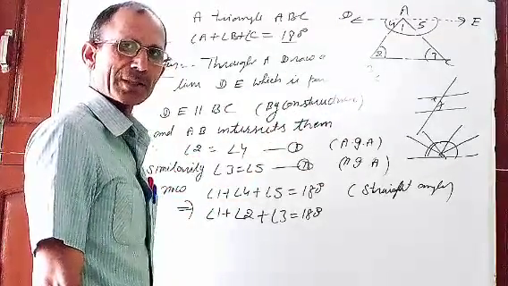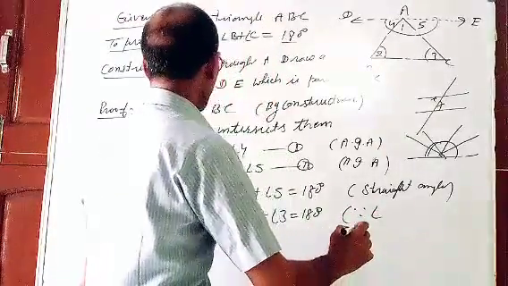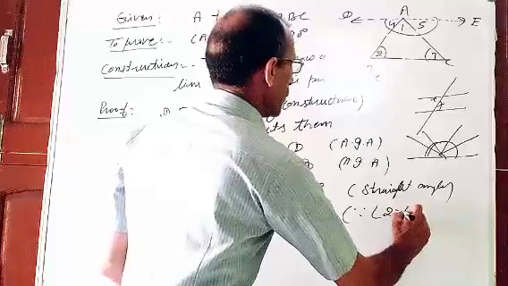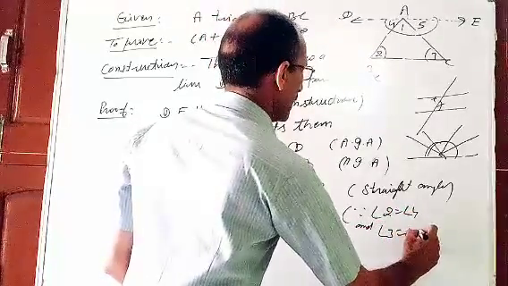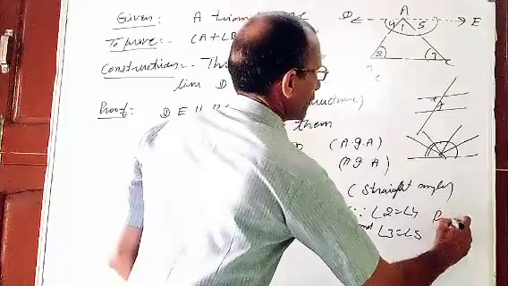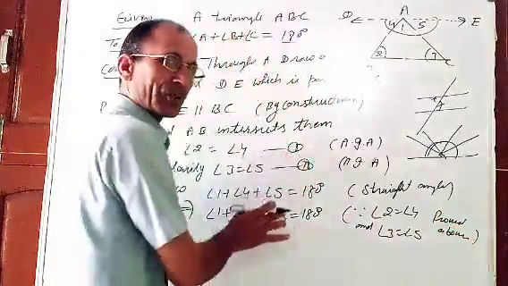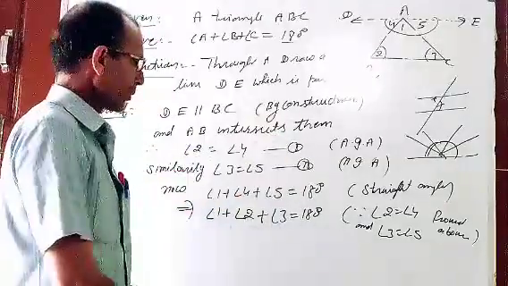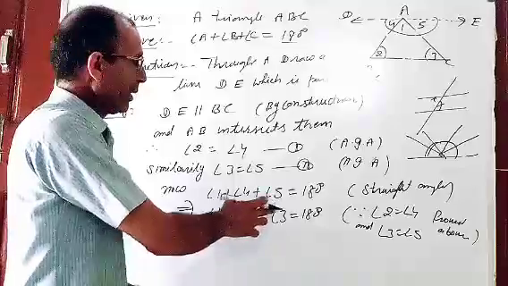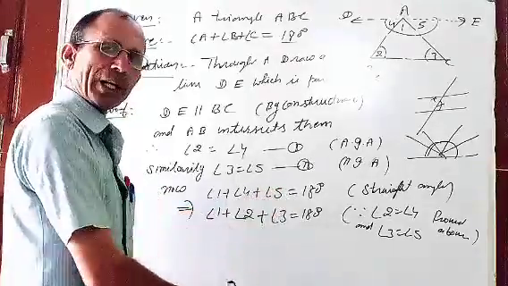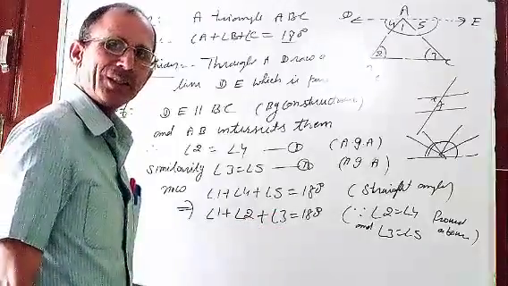So the reason is: angle 2 is equal to angle 4 and angle 3 is equal to angle 5, proved above. That's why where there was angle 4 I have written 2, and in place of 5 I have written 3. So angle 1 plus angle 2 plus angle 3 is 180.